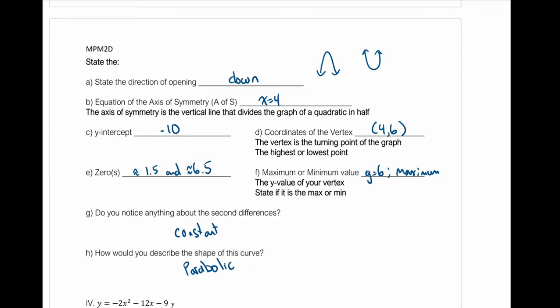The zeros or the x-intercepts we had to approximate. And again, the vertex is that lowest or highest point, that turning point of the graph. The y value of your vertex is your maximum or minimum. In this case, it's a maximum because we're opening down. And again, the first differences are constant and the shape is still parabolic.